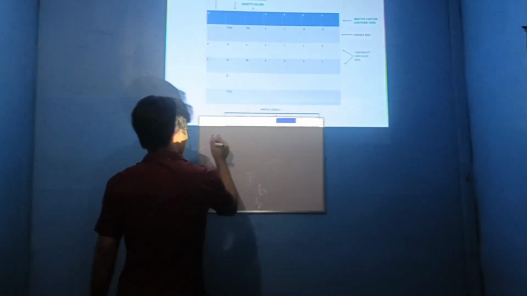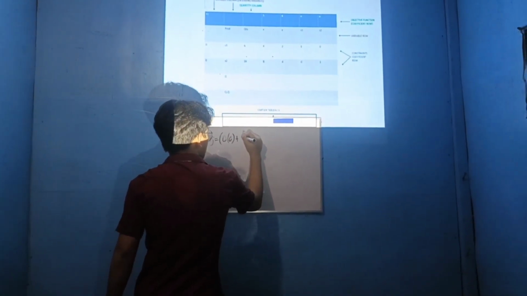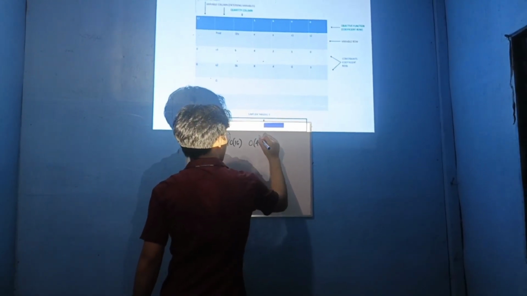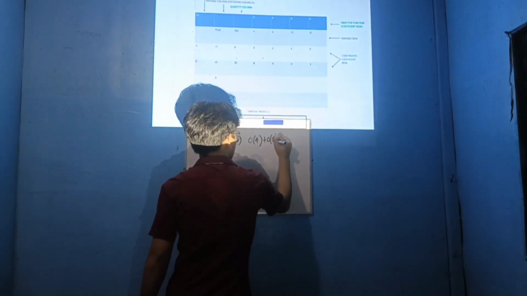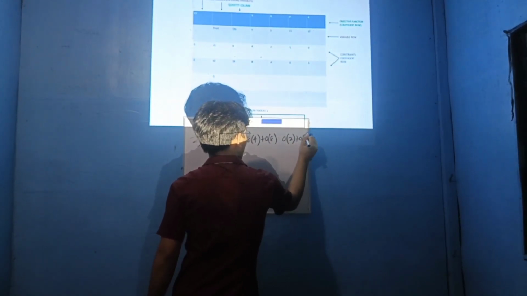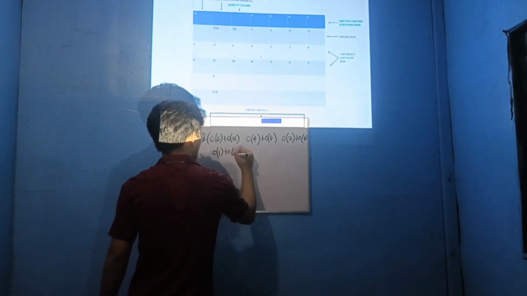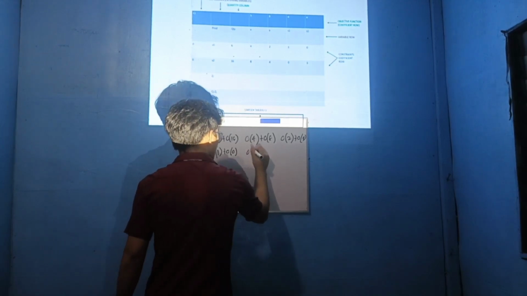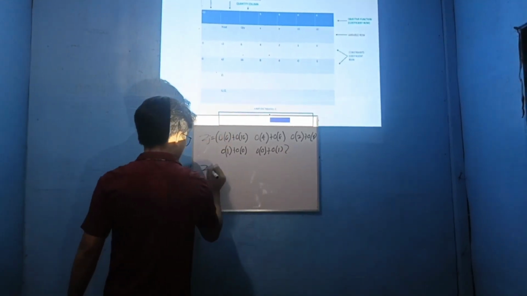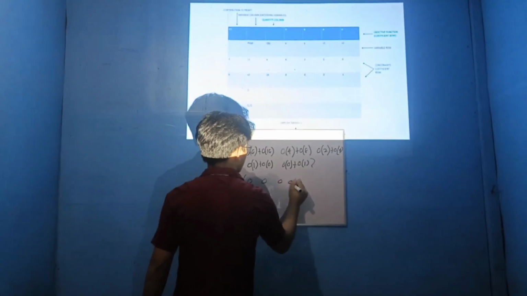To calculate the Zj, we do 0 times 6 plus 0 times 16, 0 times 4 plus 0 times 8, 0 times 2 plus 0 times 4, 0 times 1 plus 0 times 0, and 0 times 0 plus 0 times 1. And our Zj will be 0, 0, 0, 0, 0.